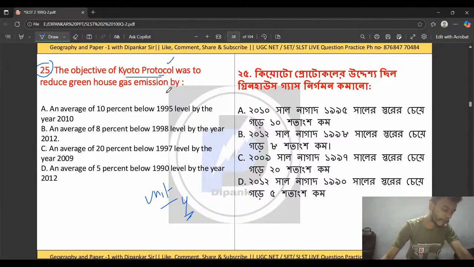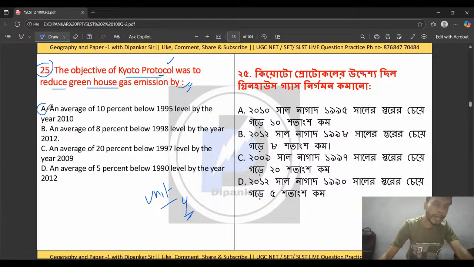Next question came from the Kyoto Protocol, unit number 4, Environment Geography. Topic is protocol. The objective of the Kyoto Protocol was to reduce greenhouse gas emission by how much?